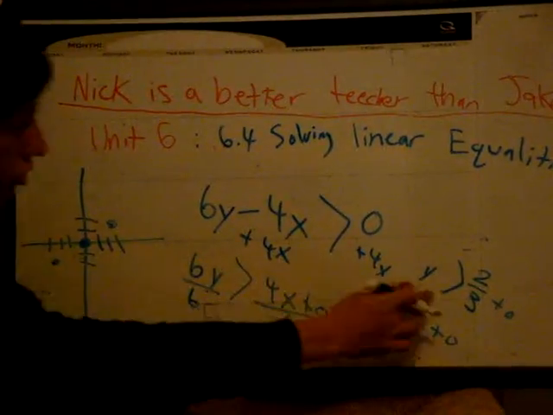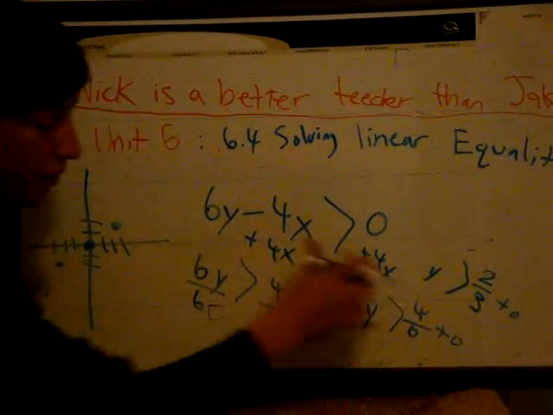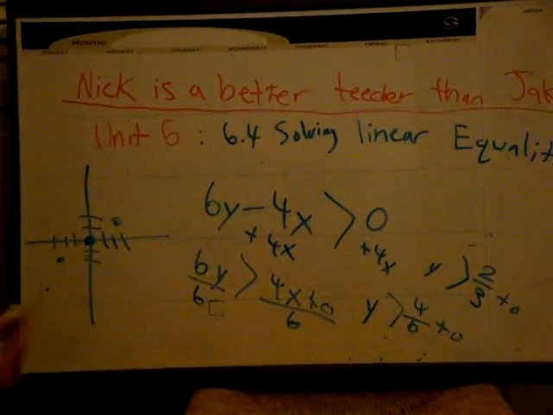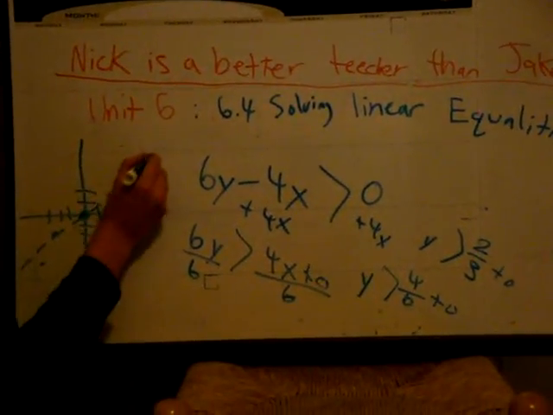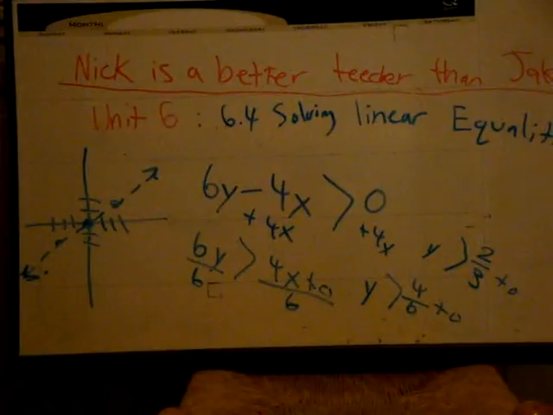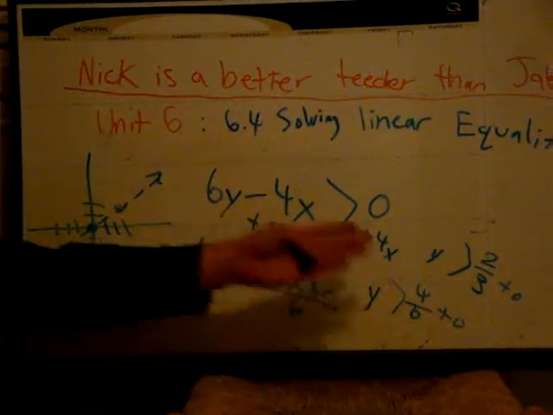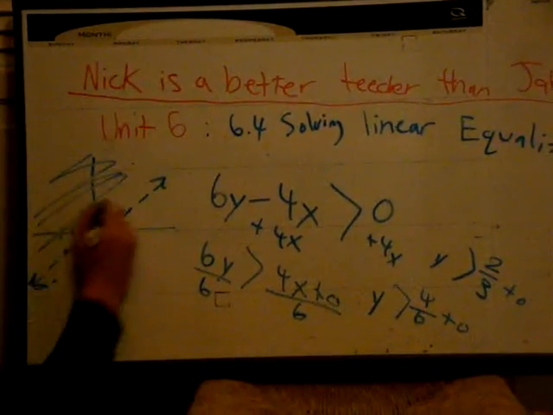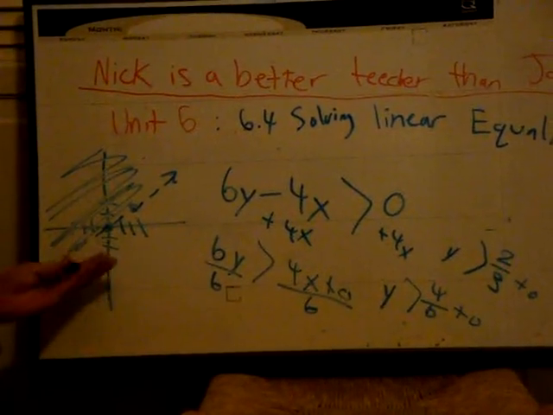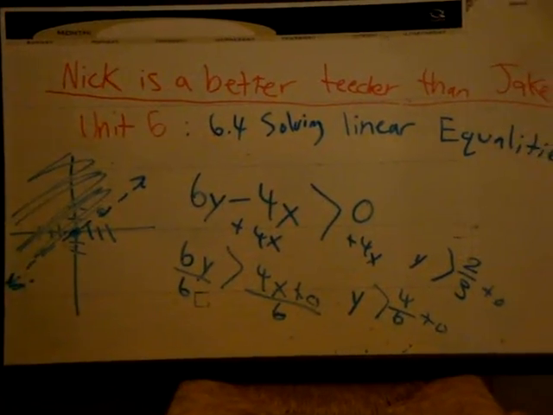And remember, since it's greater than, and it's not greater than or equal to, we do a dotted line. And because it's greater than, we shade up. For less than, we shade down. In this case, it's greater than. And that is our answer.